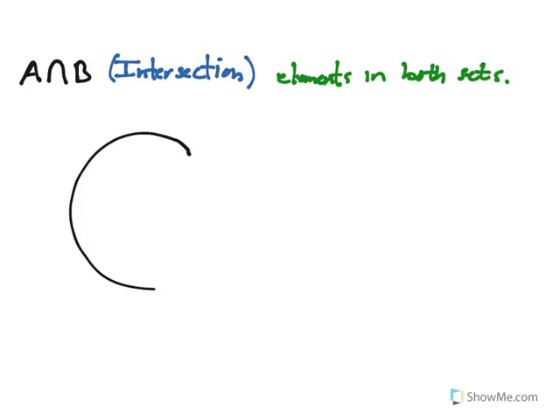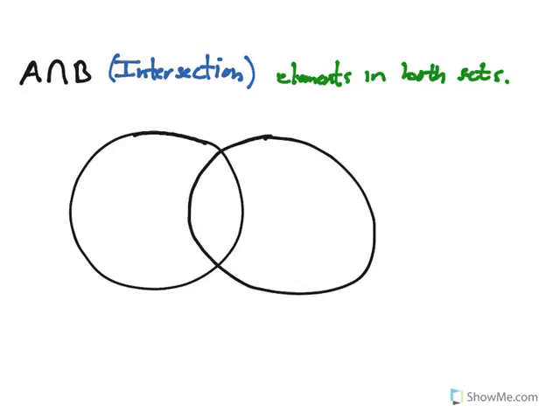So, again, let's try to do a little better picture here. All right, and then we'll do another one. And again, this will be set A, and this will be set B, all right? So I want you to find the intersection, okay? Well, elements that are in both sets A and B can only be here.